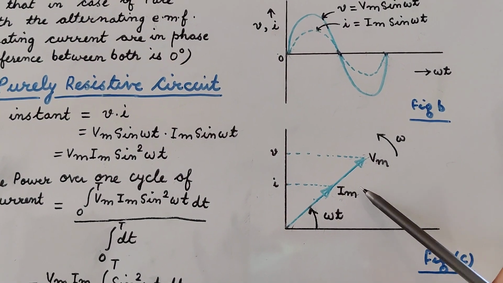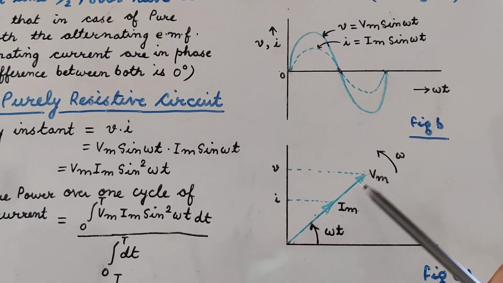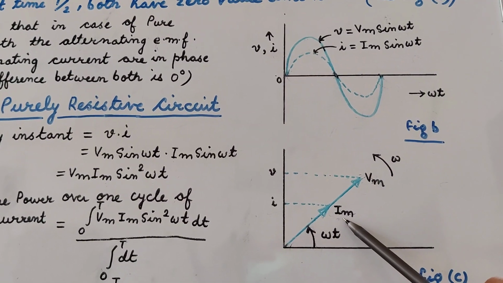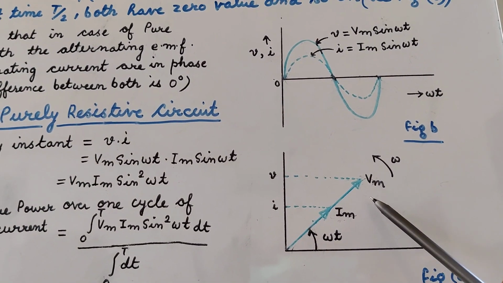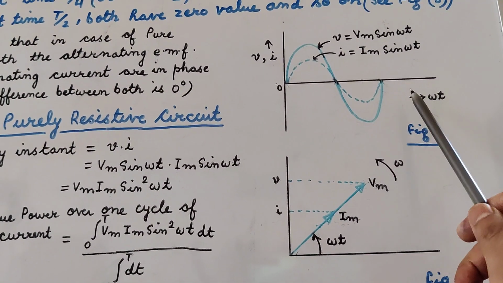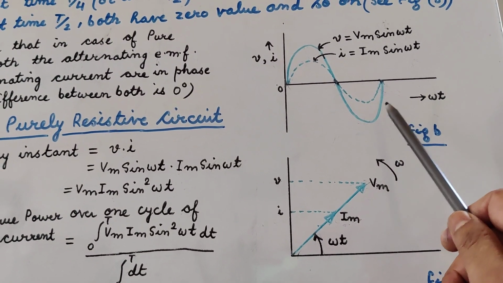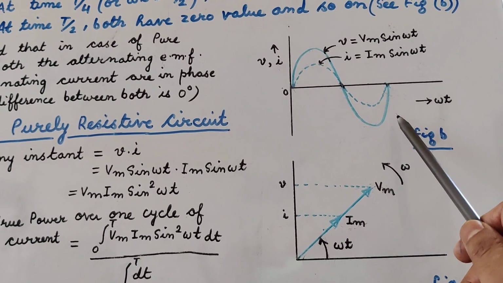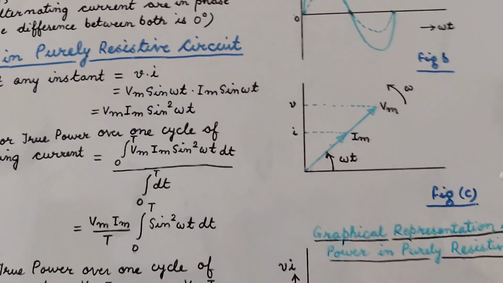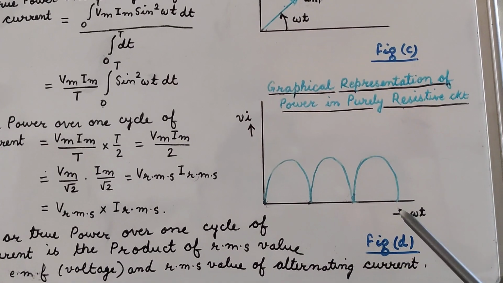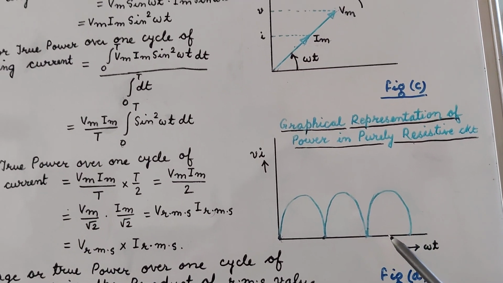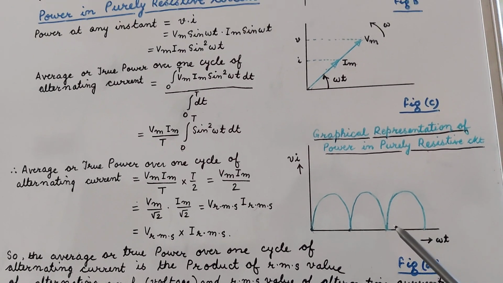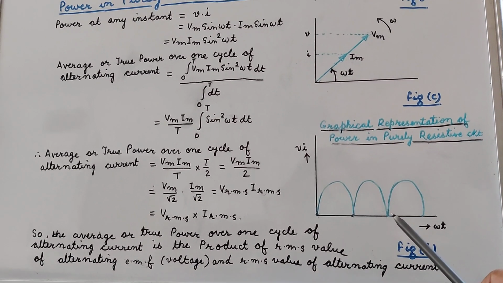So this is the phasor representation of the alternating voltage and the alternating current in case of a purely resistive circuit. And this is the graphical representation of both the alternating voltage and the alternating current in case of a purely resistive circuit. And this is the graphical representation of the power in case of a purely resistive circuit.